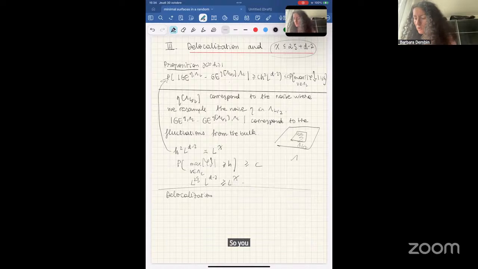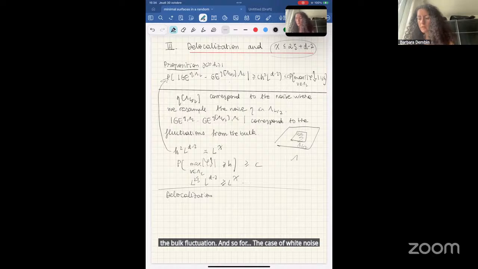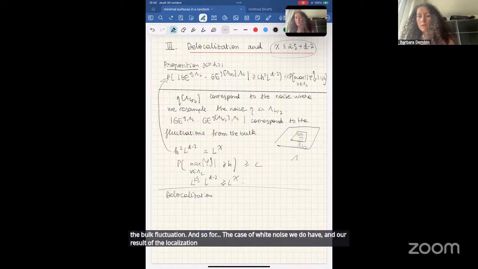So you want a way to lower bound the bulk fluctuation. And for the case of white noise, we do have one, and our results of delocalization are valid only for white noise.